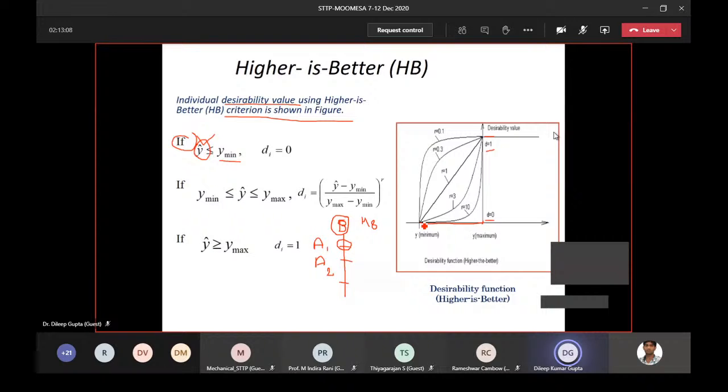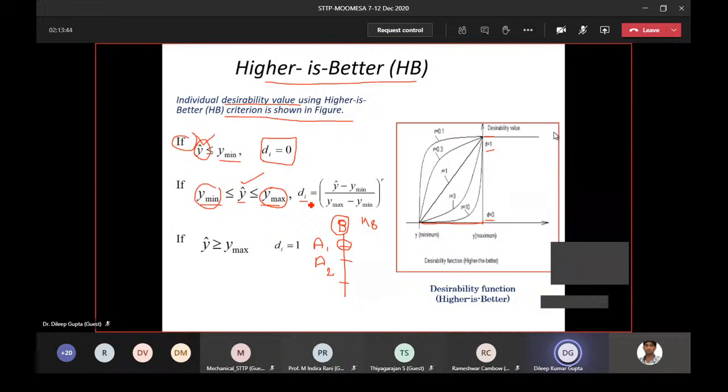The desirability value, when the given value of y is less than the y minimum, in the case of higher is better. Second condition, if y lies between the y minimum and y maximum, y is greater than y minimum and y is less than y maximum, then the desirability value can be calculated by using this equation.